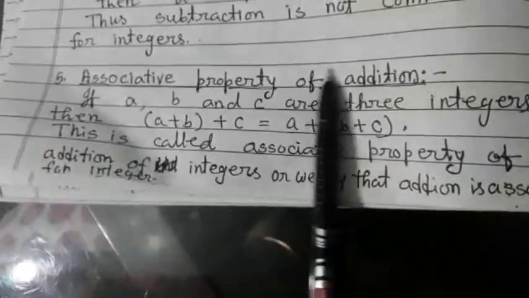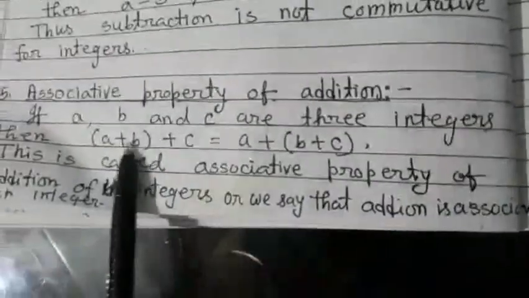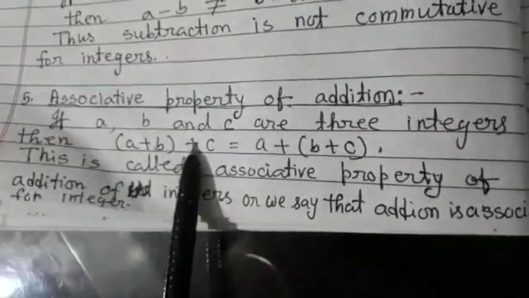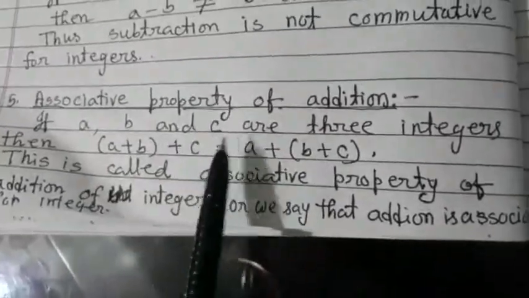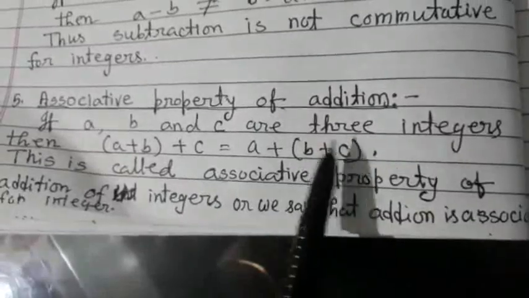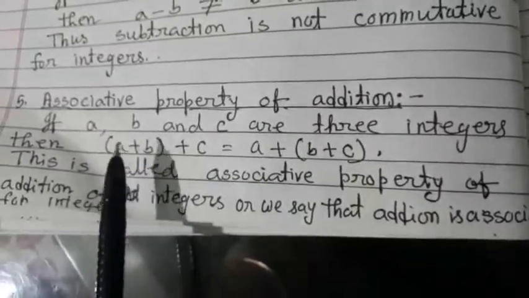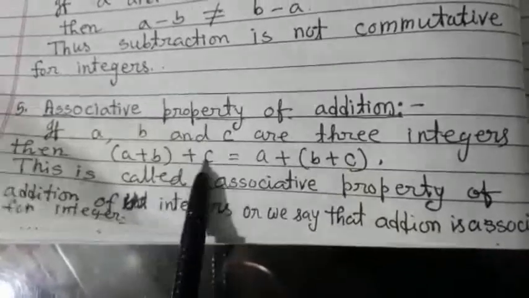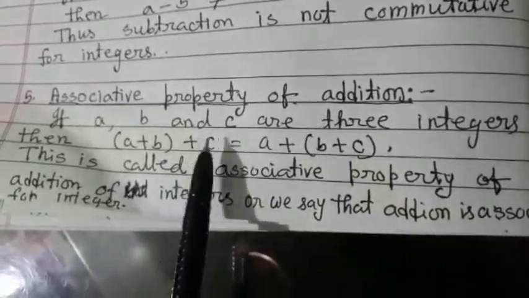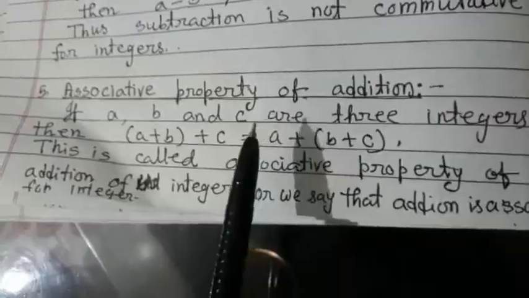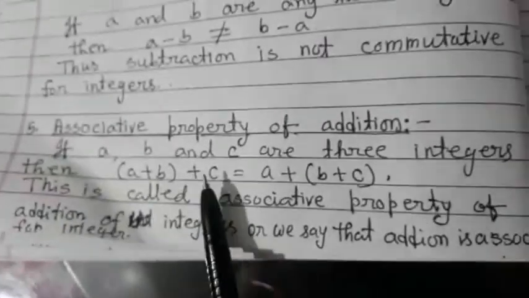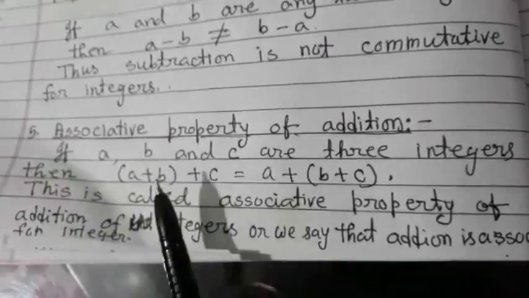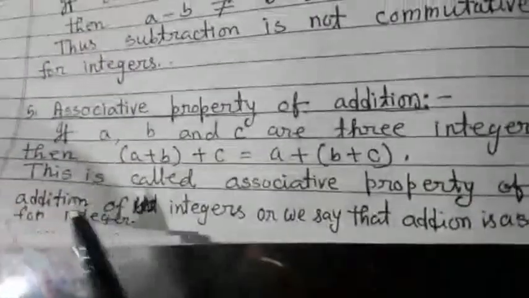Now, associative property of addition. If a, b and c are three integers, then a plus b plus c, the same we get as a plus b plus c, because this does not depend on the place or order of the integers. The result will remain the same.